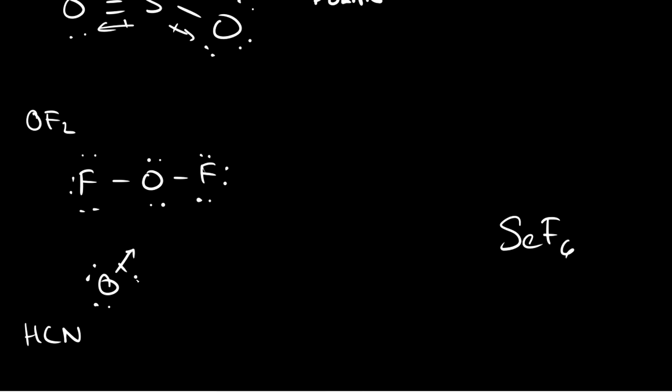I'm going to draw this already to save time. And because it's bent and has polar bonds, it's not going to cancel each other out. It's asymmetrical. Same over here. Asymmetrical. It's going to be polar.